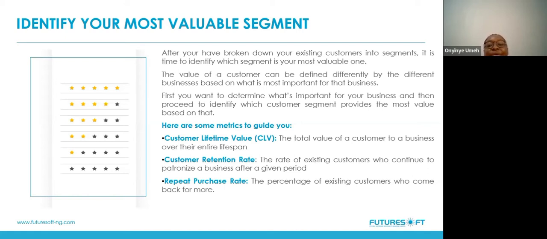Say they spend 50,000 naira on your business every single year. Their lifetime value would be the 50,000 that they spend every year times the 10 years that they are your customers. The number you get is the lifetime value.